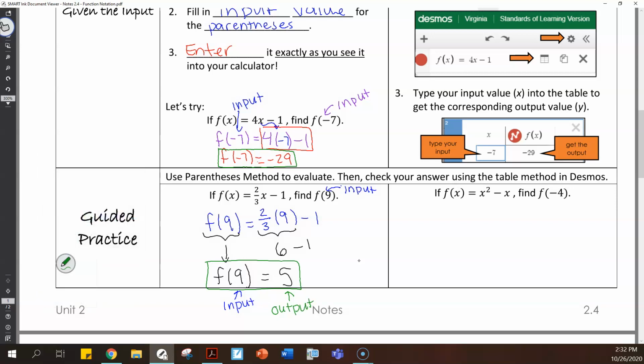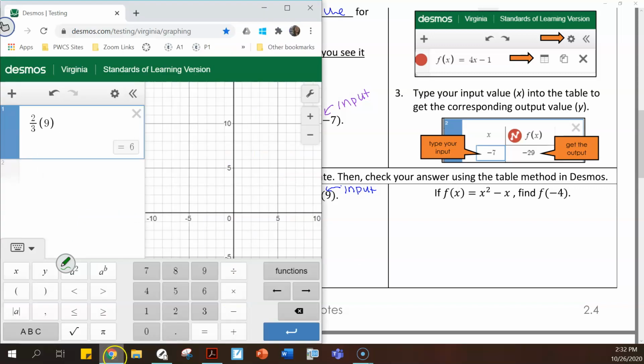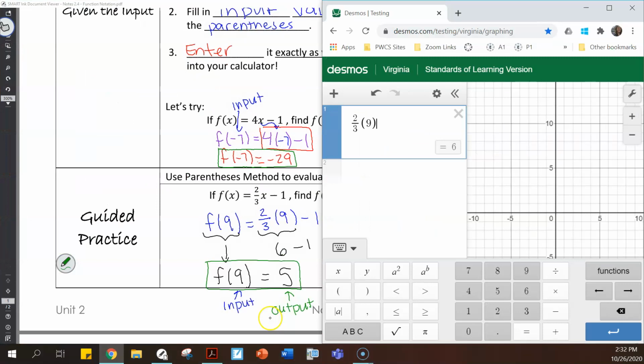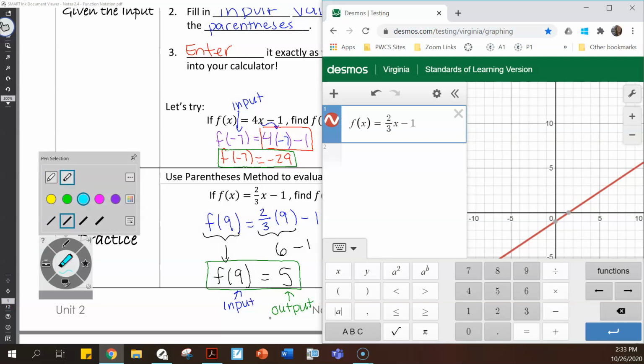Okay. I can check this in Desmos. I can do that by typing my function exactly the way I see it written in the question. So I've got f of x equals 2/3 x minus 1. So all I did was I took the function they give me and I put it in Desmos.